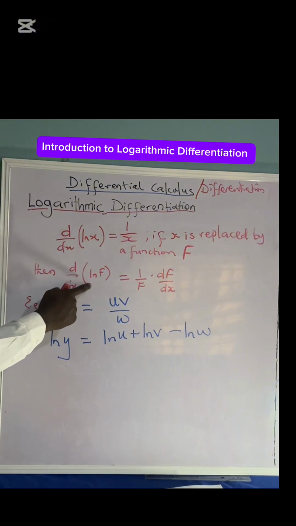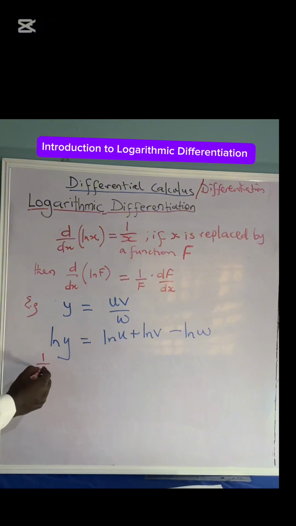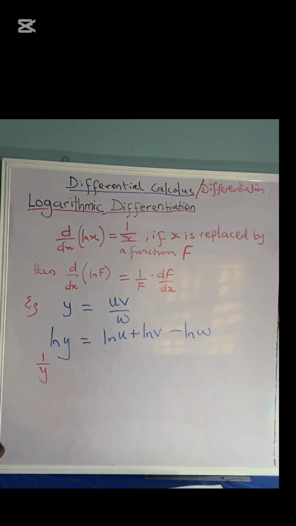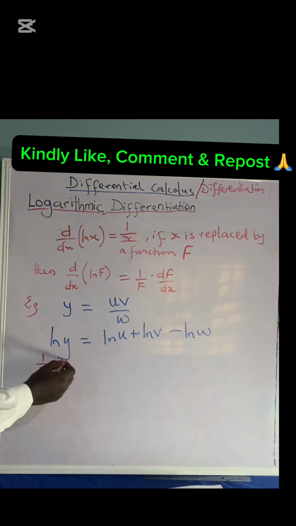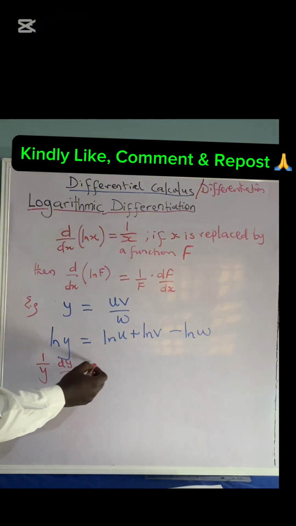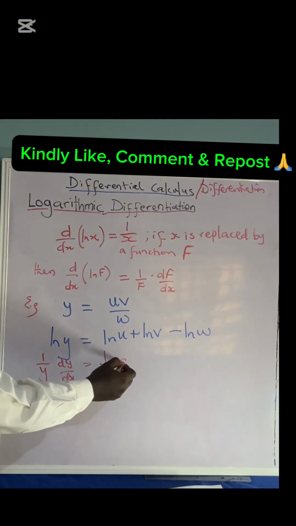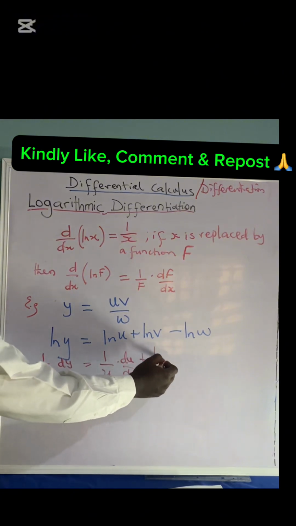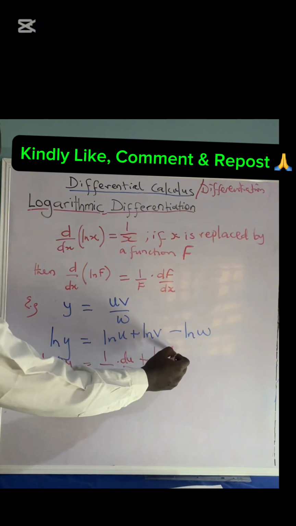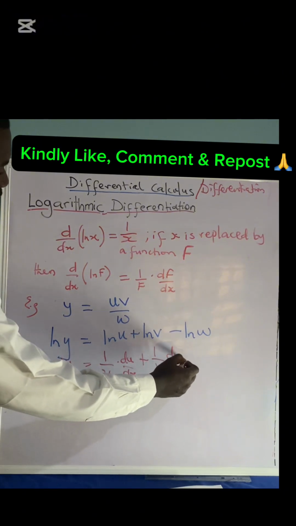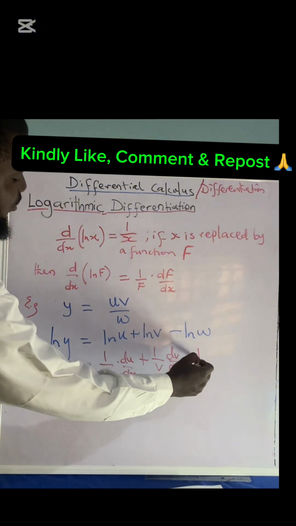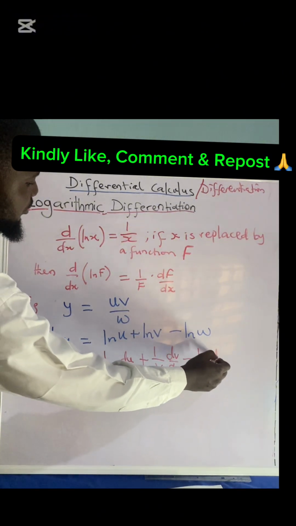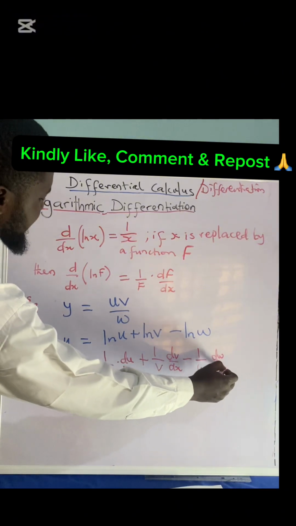Using this principle, you have 1 over y dy dx equals 1 over u du dx plus 1 over v dv dx minus 1 over w dw dx.